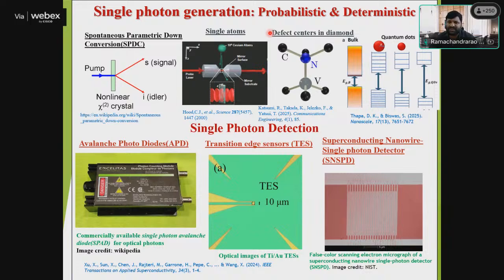A very recent one is this one: defects in nanodiamond. The defects can be nitrogen vacancy centers or silicon vacancy centers. Especially here, what I show is a nitrogen vacancy center.